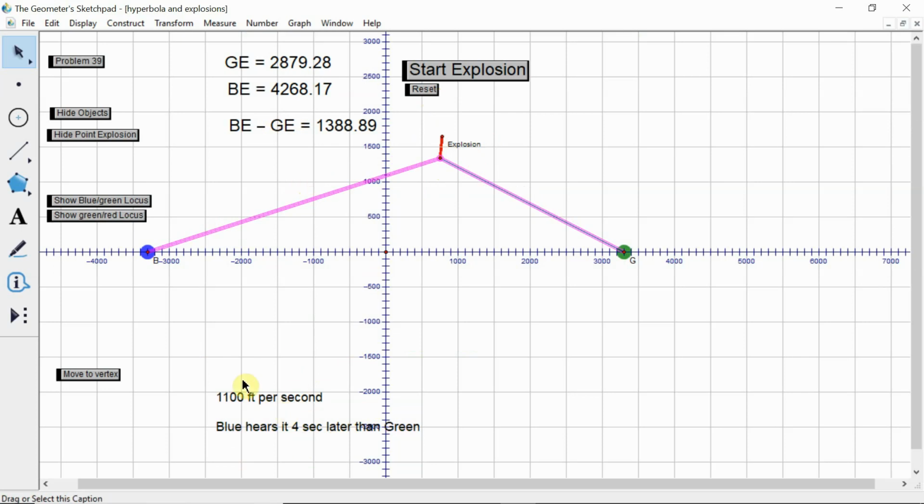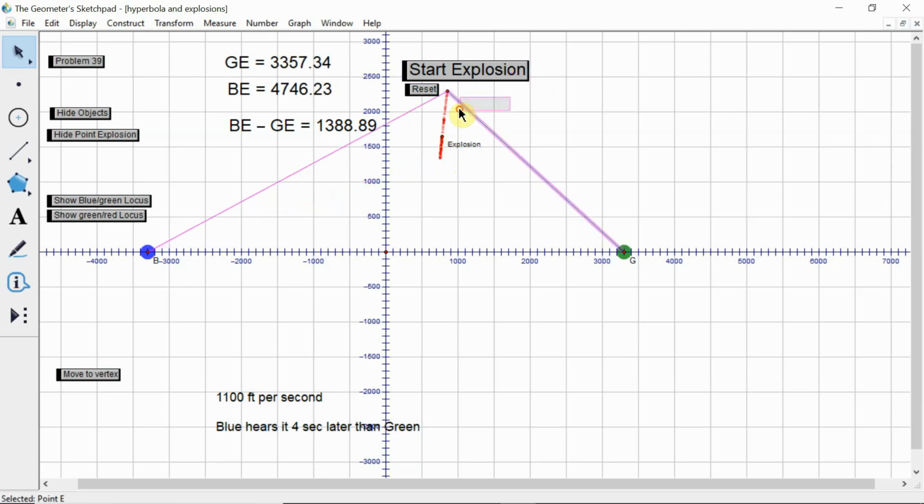So if I need the difference to always be 4,400 because blue hears it 4 seconds later, then really what we're saying is that it is on some parabola.